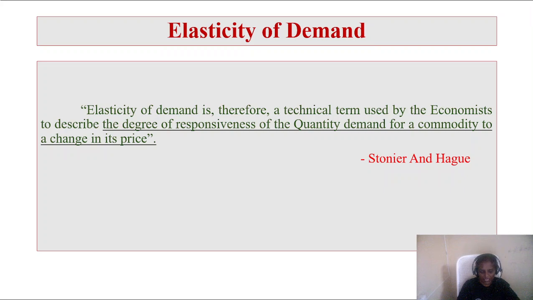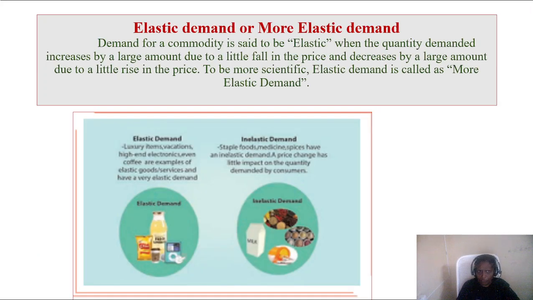We call it elasticity. And here we see elastic demand. It is said to be very elastic when the quantity demanded increases by a larger amount due to a little fall in the price. Though there is a little fall or rise in the price level, this elasticity of demand happens.